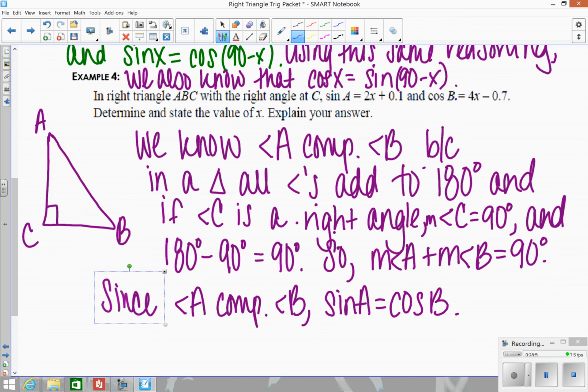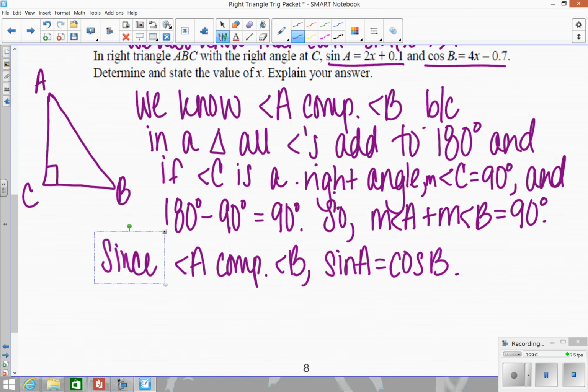Sine of B equals cosine of A because of the complements. I chose to write sine of A and cosine of B because of what was given to me up there. So now I can just plug into this. Instead of saying sine of A, I can plug in 2x plus 0.1, and instead of saying cosine of B, I can plug in 4x minus 0.7, and now we just solve it.